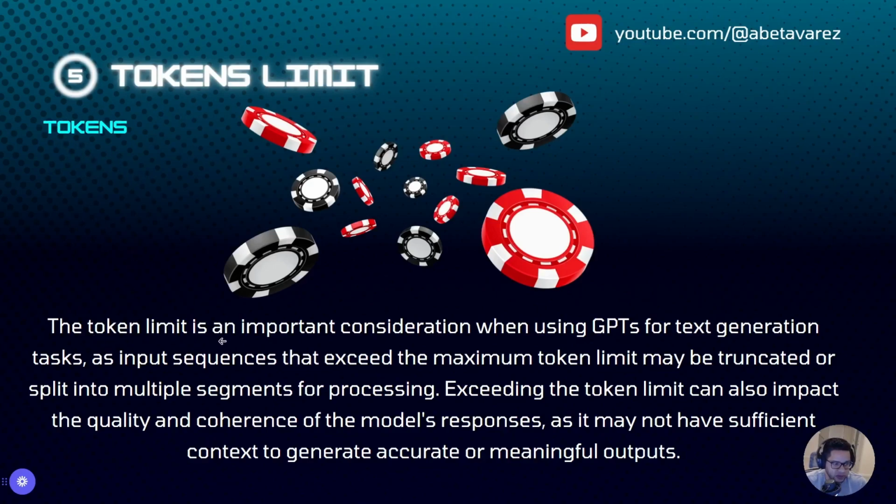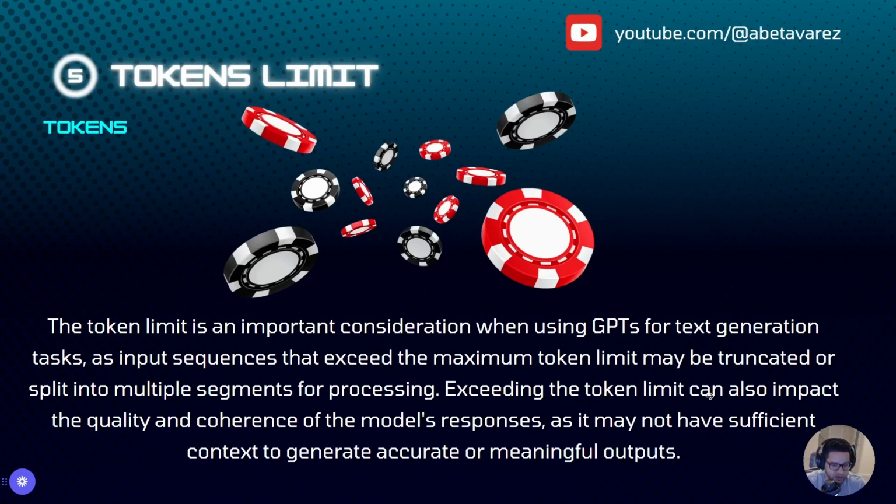So the token limit is an important consideration when using GPTs or any LLM for text generation tasks, as input sequences that exceed the maximum token limit will be truncated or split into multiple segments for processing.